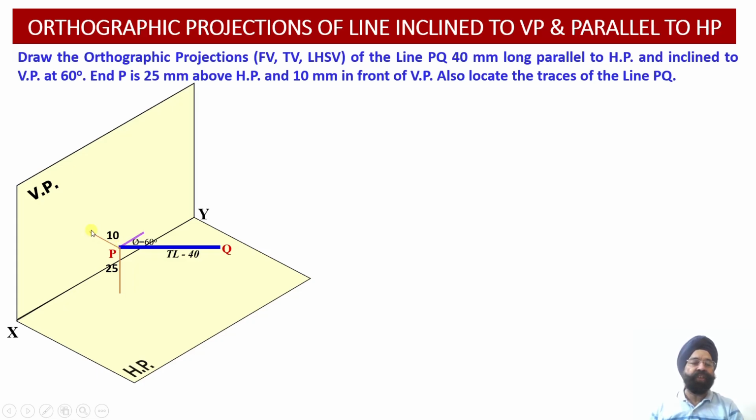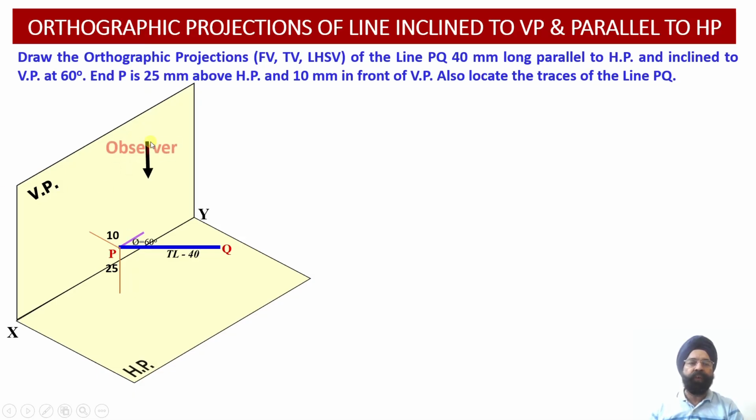So the distance of point P from HP is 25 millimeter, and the distance of point P with respect to the vertical plane is 10 millimeter in front of the vertical plane. Having located this line in the 3D space within HP and vertical plane, now we are going to obtain the orthographic projections of this line in this 3D spatial representation.